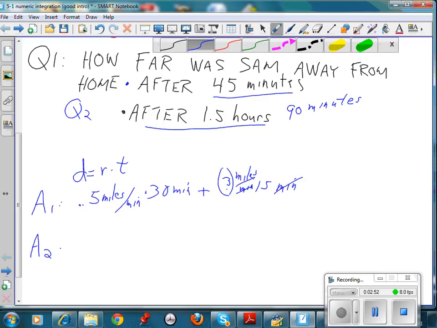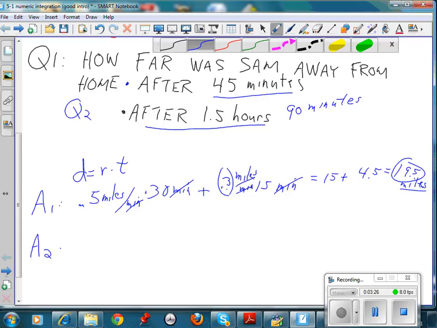So this is 15 plus 4.5, so we get 19.5 miles. Notice the units add up: the minutes cross out. Miles per minute times minutes, I get miles. So the units are miles.